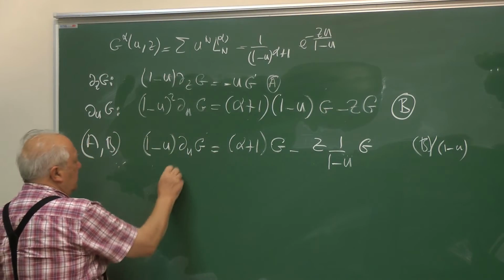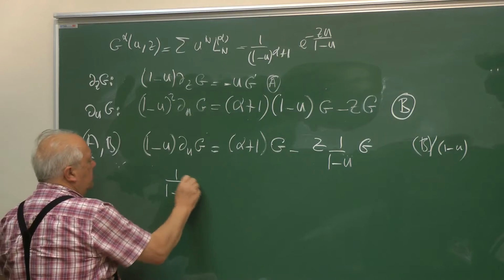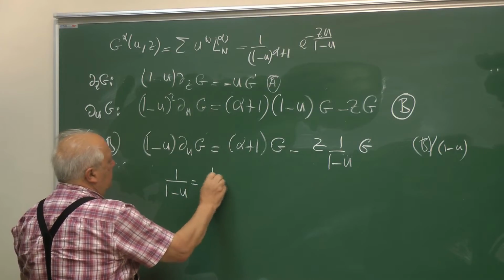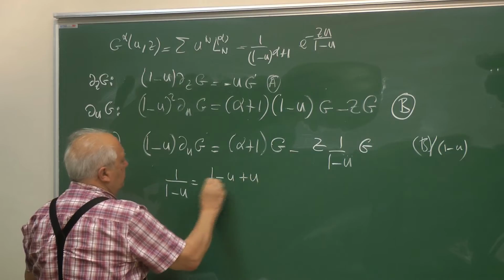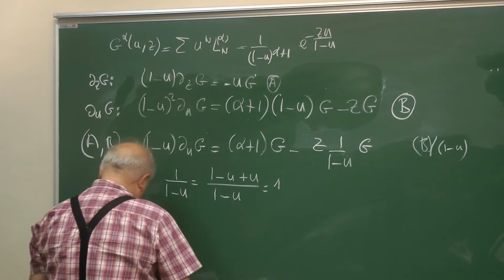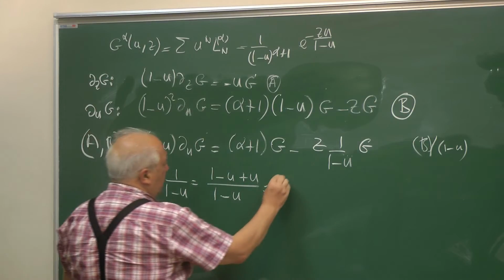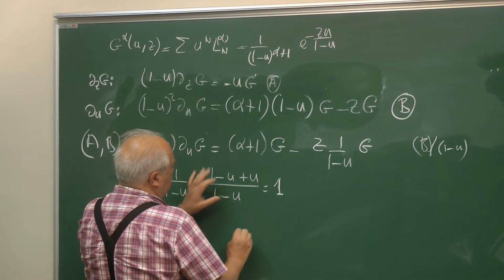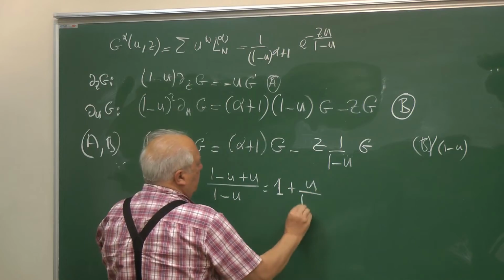Let us write 1 over 1 minus u as follows. This is 1 minus u plus u over 1 minus u. This is 1 plus u over 1 minus u.